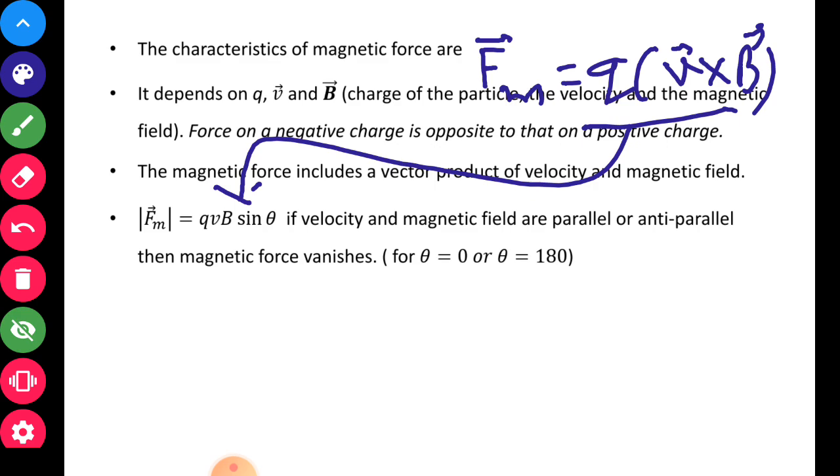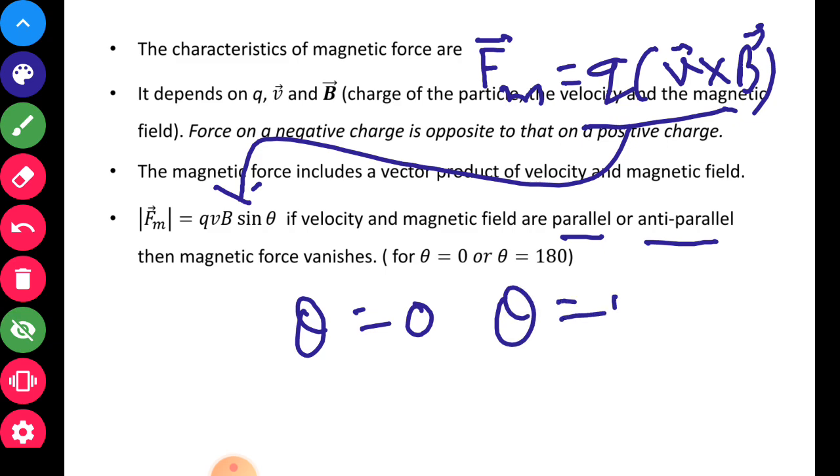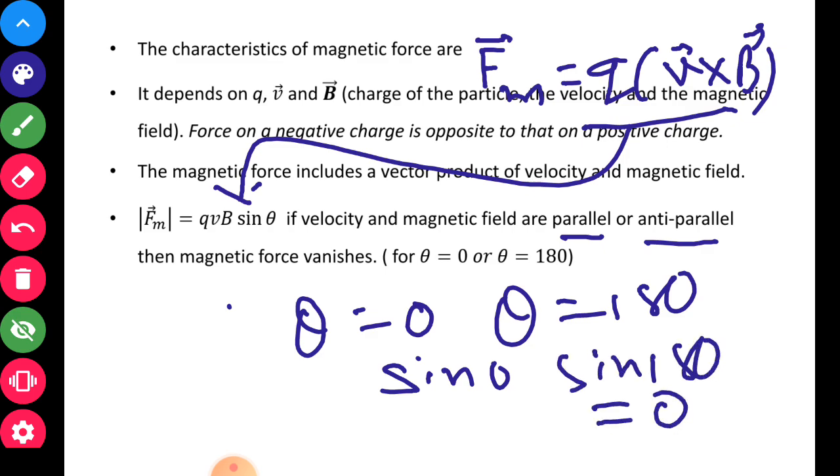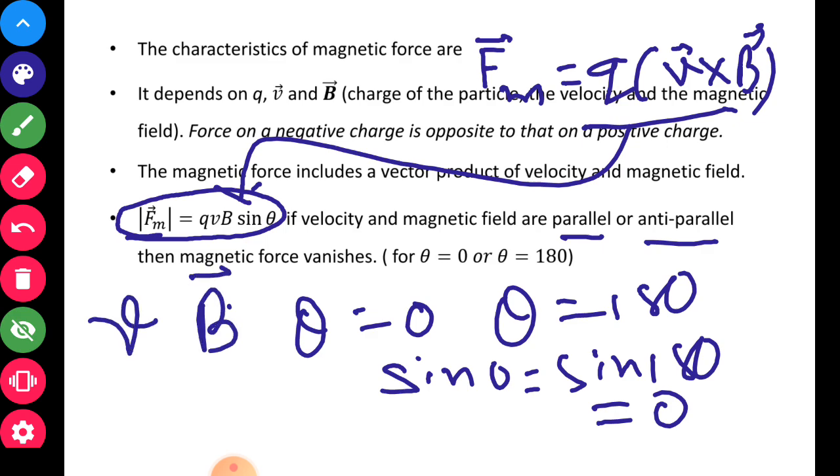If velocity and magnetic field both are in same direction, or we can say they are parallel or anti-parallel, then theta will be either 0 or 180, and you know that sine 0 and sine 180 both are 0. So the force on the charge will be 0 according to this equation if the velocity vector is parallel to the magnetic field vector or it is anti-parallel. Both ways the force on the charge will be 0.